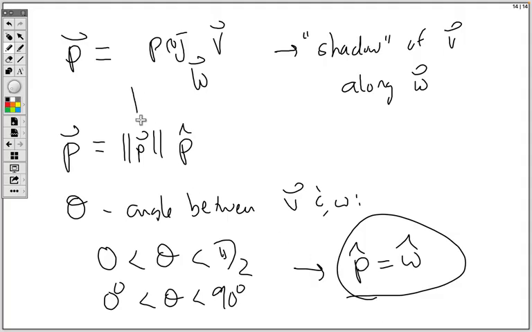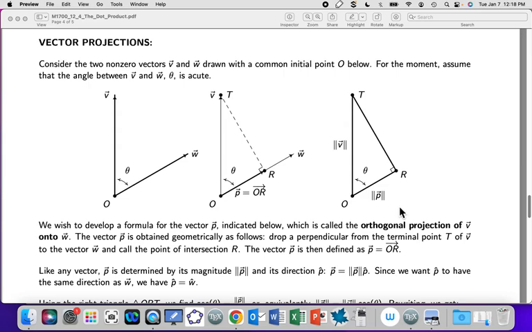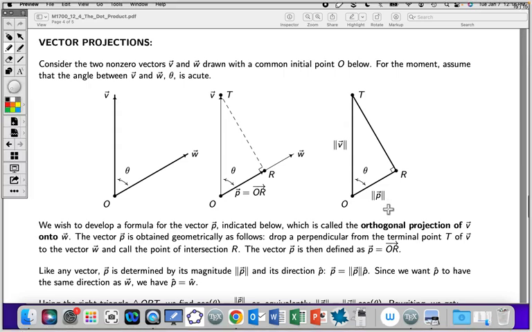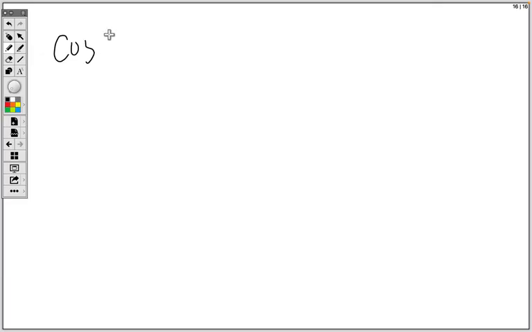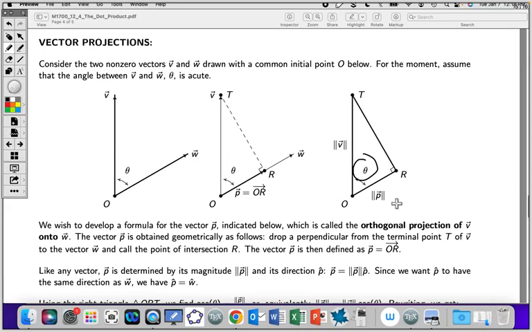So now I just have to figure out the magnitude of P. Okay? So how much of that is there? To do that, I can set up this little right triangle here. I've got the magnitude of V, the magnitude of P, and I've got theta, the angle between V and W. And so I can set this up so that the cosine of theta would be the length of the adjacent side over the length of the hypotenuse.